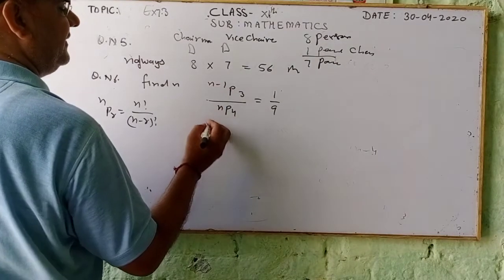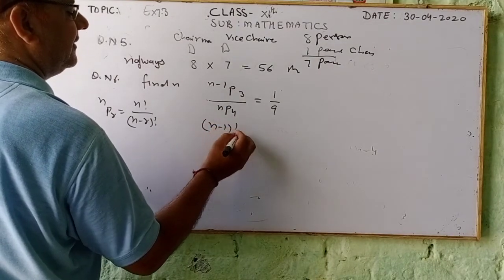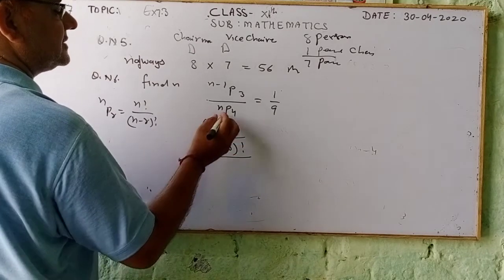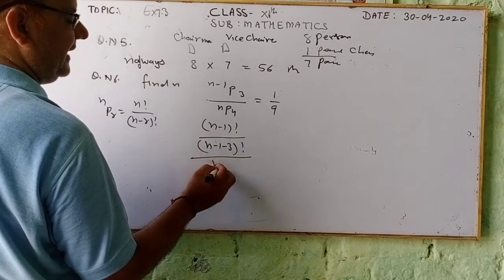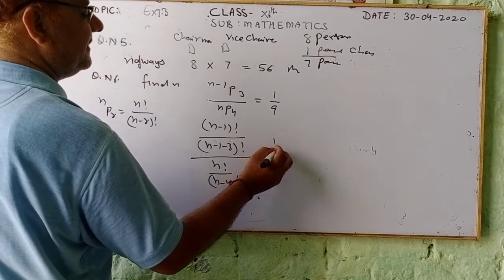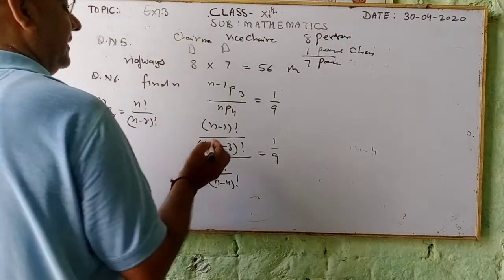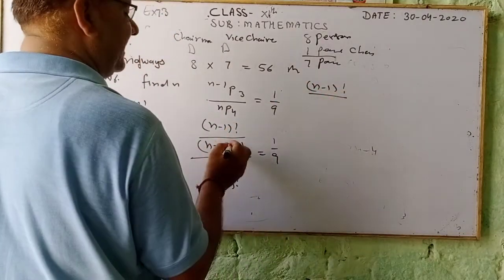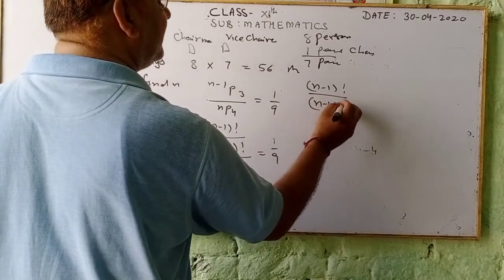Using this formula we get n minus 1 factorial upon n minus 1 minus 3 factorial. And nP4 using the formula is n factorial upon n minus 4 factorial, the same as 1 upon 9.